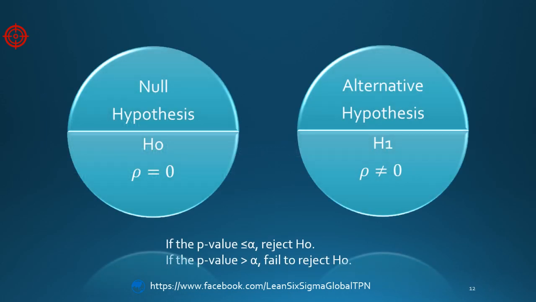To test the hypothesis, we use the p-value associated with the correlation coefficient. If the p-value is less than or equal to alpha, we reject the null hypothesis. If the p-value is greater than alpha, we fail to reject the null hypothesis.